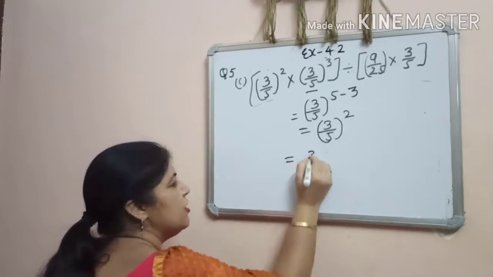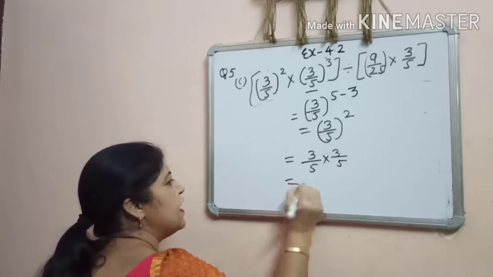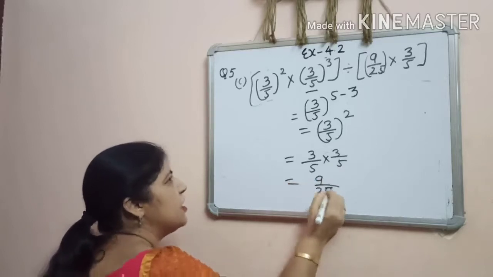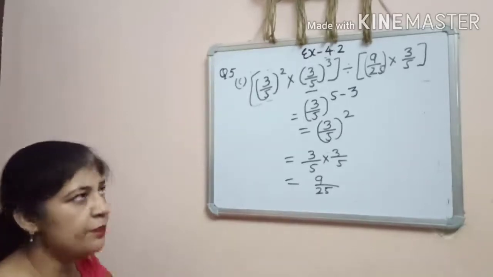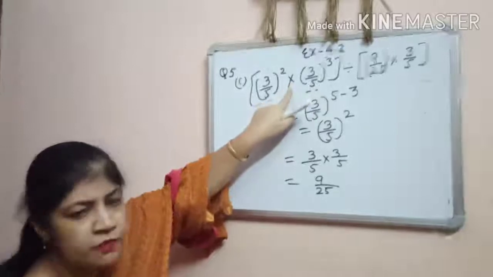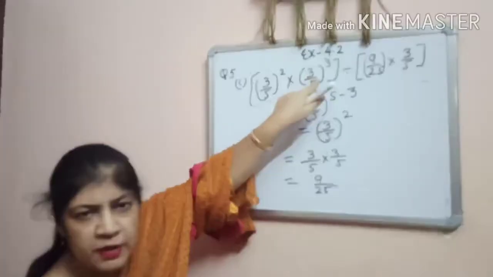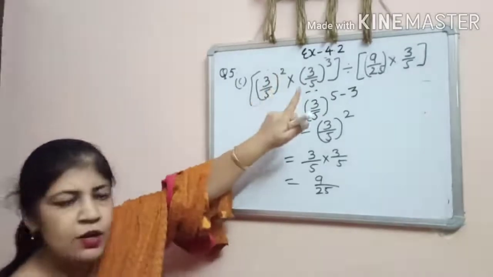So that's why 3 by 5 into 3 by 5, you will get 9 by 25. Clear? First, bases are same. In case of multiplication, power will be added. You will get 3 by 5 raised to the power 5.